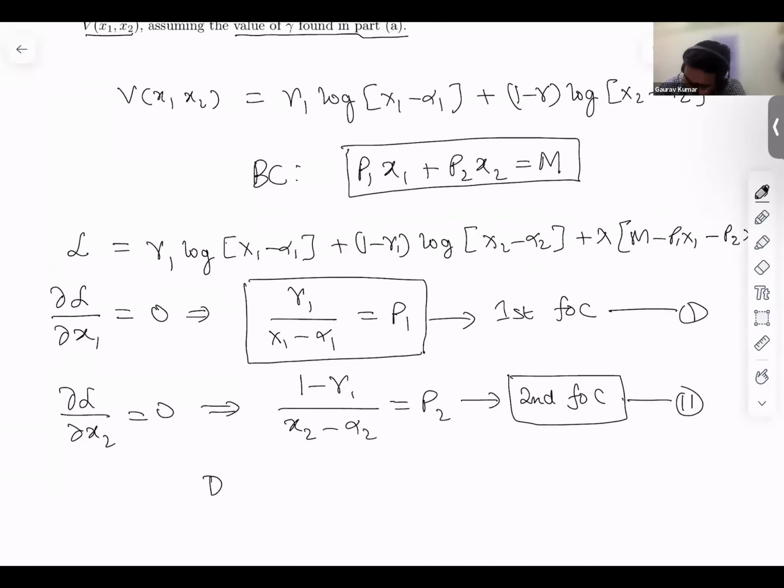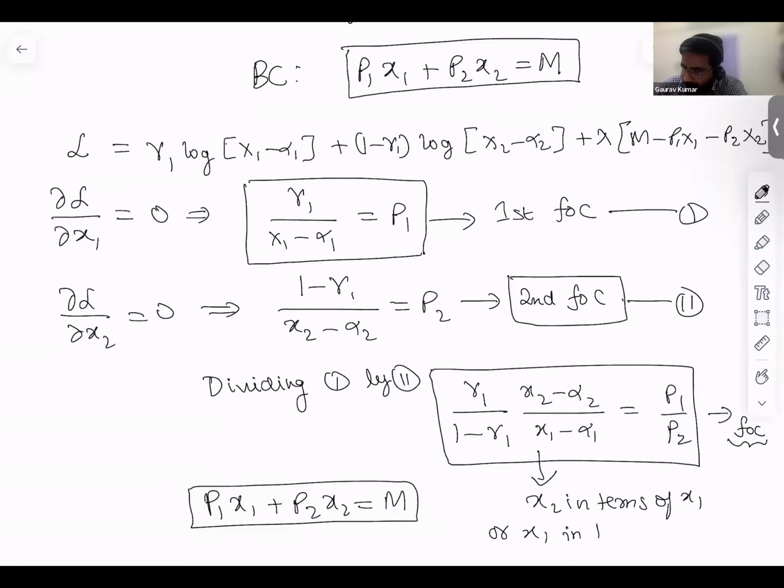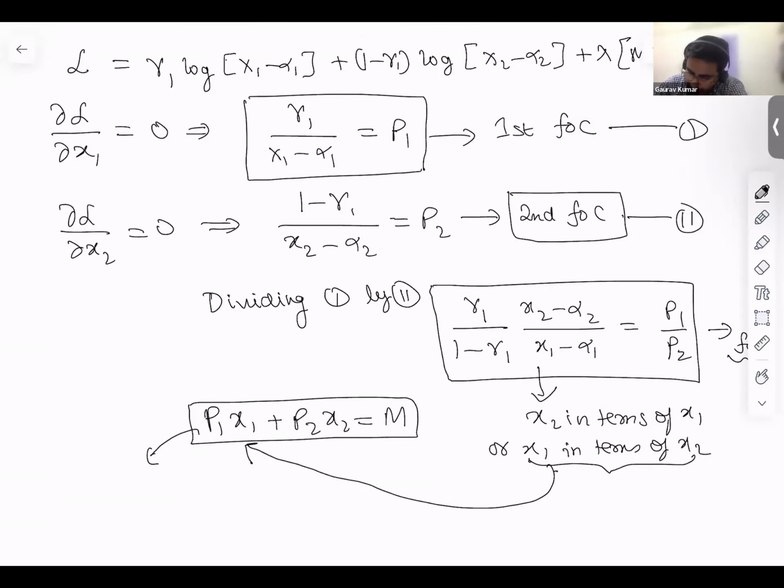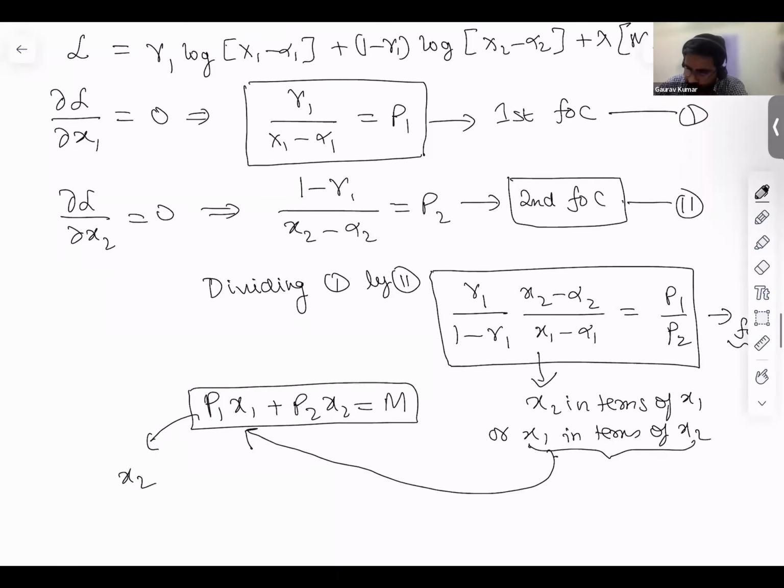Now from here, you solve x2 in terms of x1 or x1 in terms of x2. And when you do that, substitute. Suppose we solve x1 in terms of x2, we have to substitute it back here. You will have this complete equation in x2. Just do the algebraic manipulation and you will come to a functional form for x2 star.